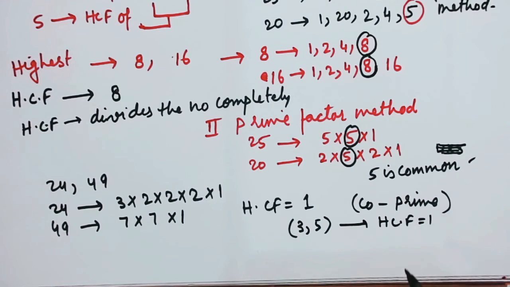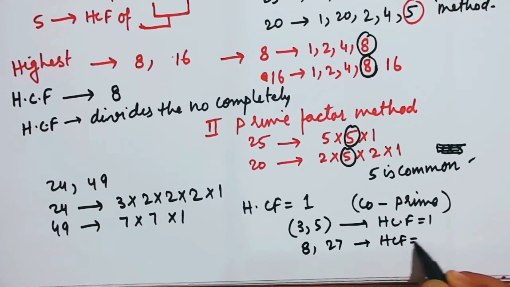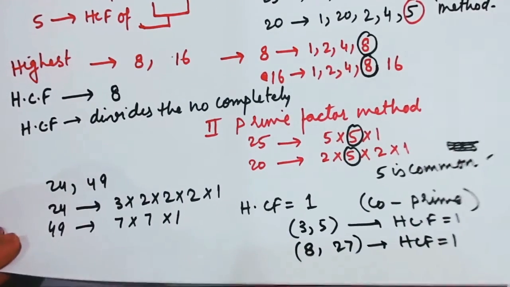Let me take one more example, a bigger one, 8 and 27. You will find that only 1 is a common factor of these two numbers and none other. Therefore, since their HCF is equal to 1, we say these are co-prime numbers.